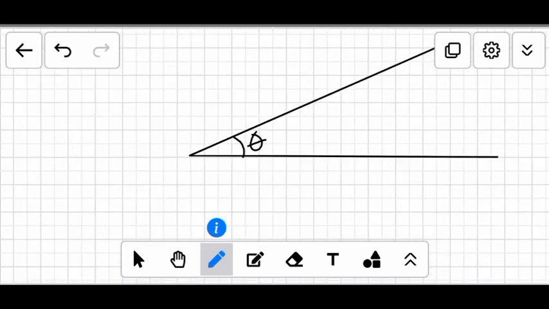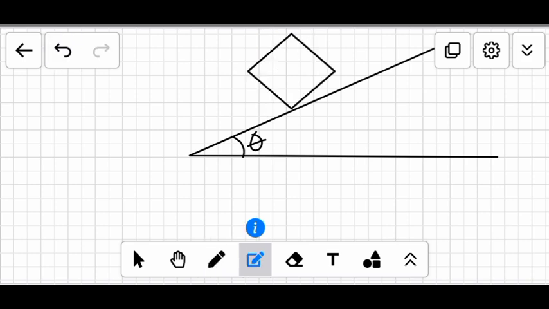So now if an object is placed on this plane, let's look at drawing the object.